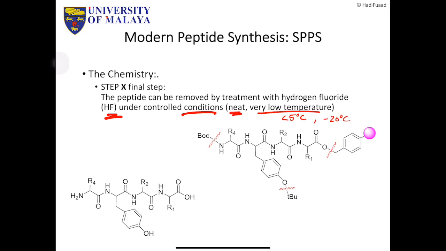So depending on your sequence, the temperature varies a lot. Once you cleave the peptide using hydrogen fluoride, you can get your crude peptides, normally as a white solid powder. Depending on the sequence of your amino acids, you can get an off-yellowish color or even a very orangey color, but normally you'll get a white solid powder.